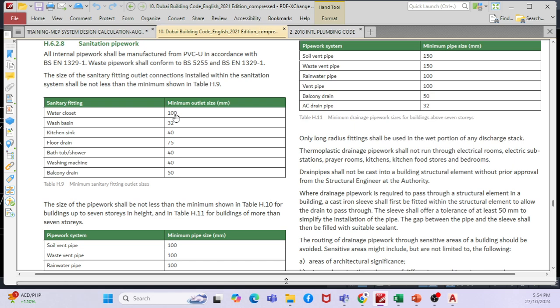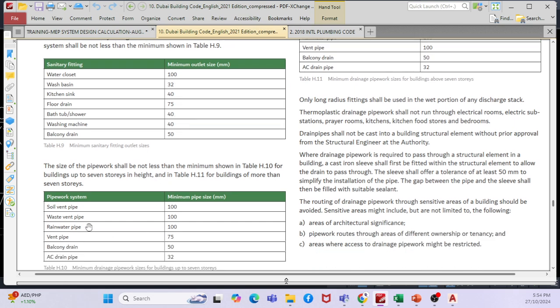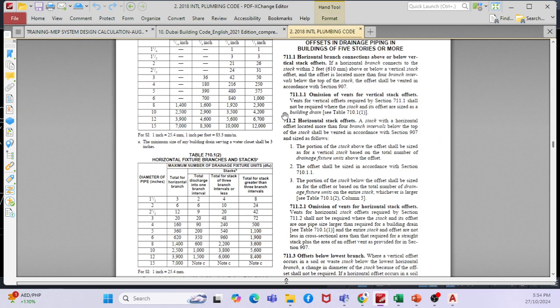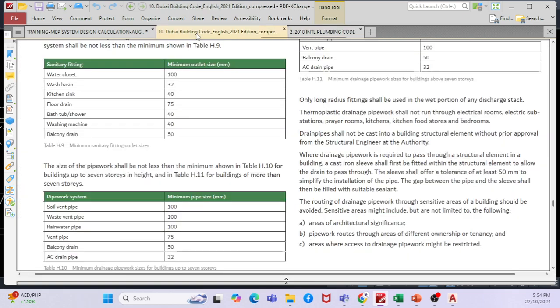Clear, right? If I go to each and every pipe, for the soil pipe 100 mm, wastewater pipe 100 mm, and rainwater pipe I have to go with 100 mm. This is the minimum. So even if my IPC value says 3 inch, which is 75 mm, I cannot use that because I have to follow my local standard. So I have to follow with the 100 mm branch, right?